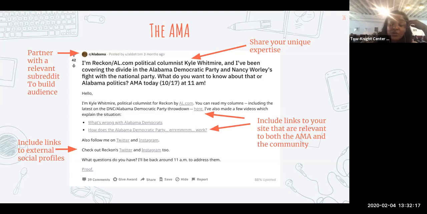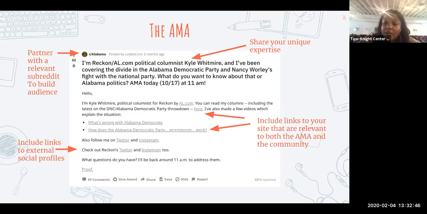I think some people will do AMAs and won't include those links, and it's really a missed opportunity, because while someone's out here leaving their question for you, they can go read your content, which is obviously relevant to them. Why would they come and ask you anything about Alabama politics if they didn't actually care about things like how the Alabama Democratic Party actually works? So it's also a good opportunity to get that traffic back to your site.